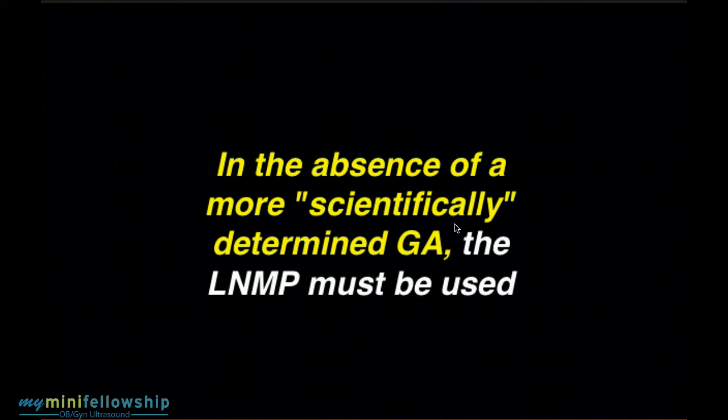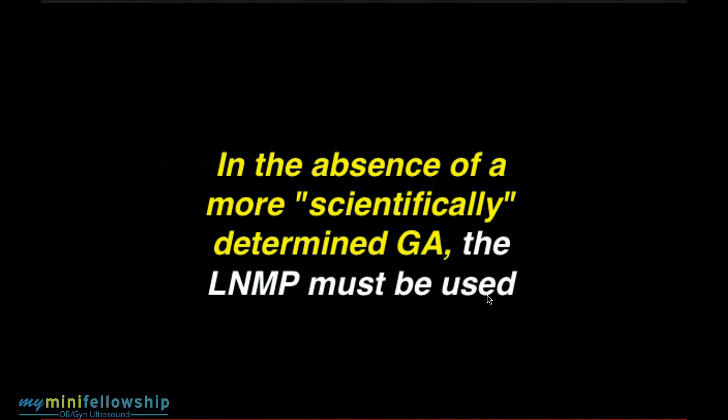So, another would be, for example, if a woman was taking her temperature to time ovulation. Another would be that the patient received a dose of a hormone to stimulate ovulation. Another would be any woman who underwent assisted reproductive technologies other than the ones I've already mentioned. So all of those can be considered scientifically valid and can be used to supplant the last normal menstrual period as appropriate.